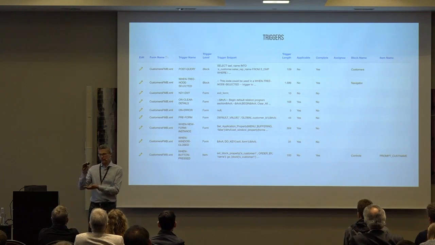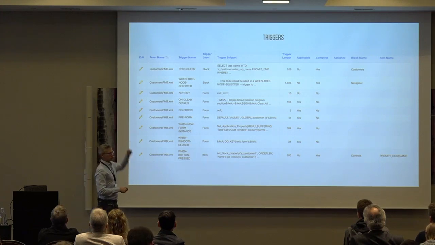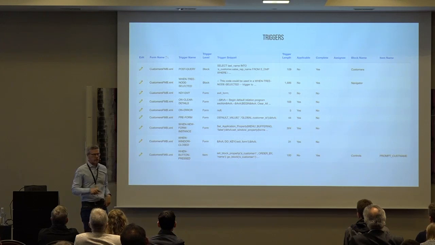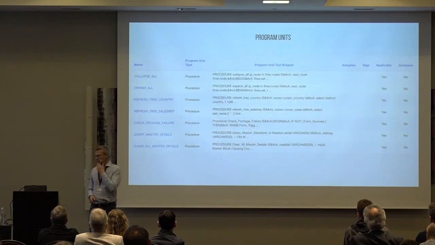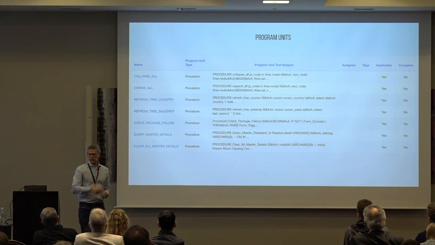Are they all relevant for Apex? No, so you have to be careful about that. There's a post-query trigger, or a when-tree-node-selected trigger, right? You're not going to convert those in Apex. The program units list all the program units within that single FMB.